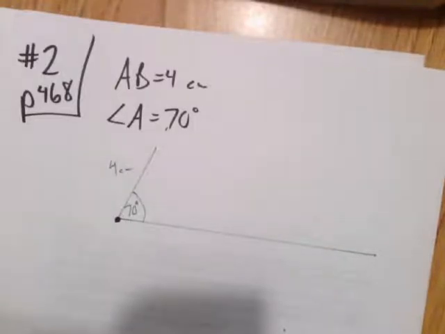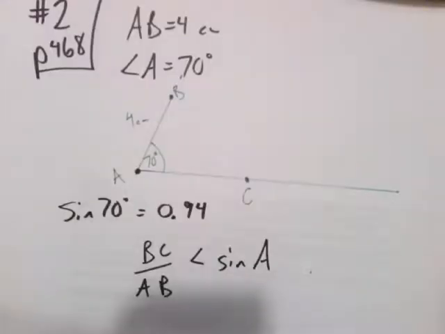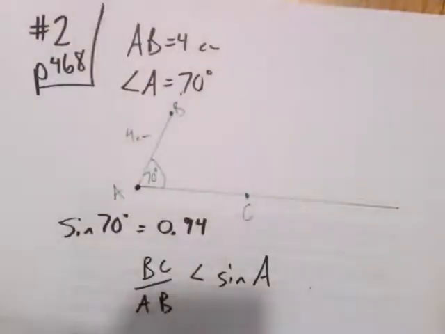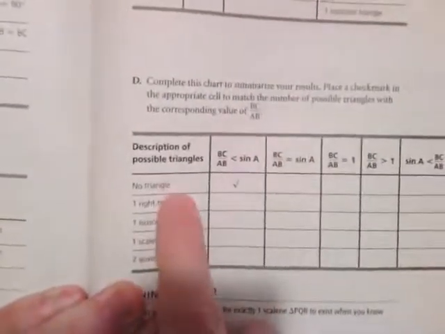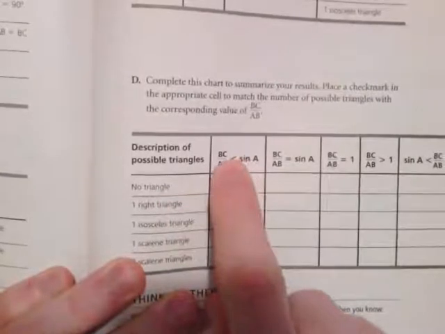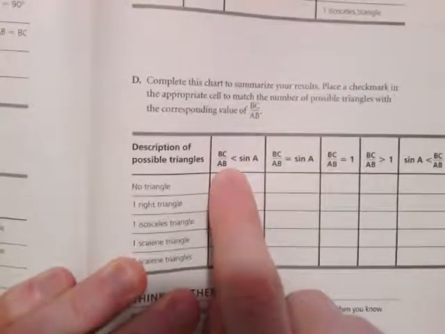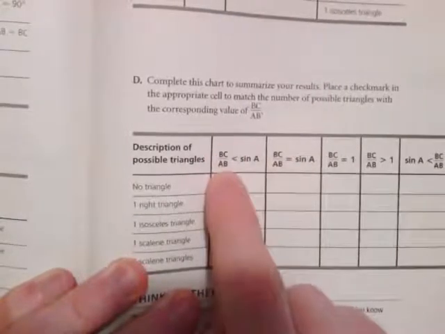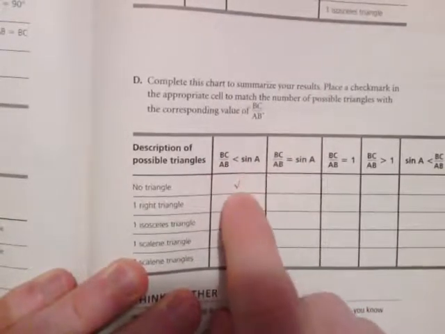Okay, I'm going to pause this because I should probably fill out this chart to know what I'm talking about. So I'm going to pause it and come back to you. Okay, turns out I didn't have to do the chart. The chart says, I'm going to show it to you. The chart says there is no possible triangle when the ratio of BC over AB is less than sine of A. BC over AB less than sine of A, no triangle is possible.